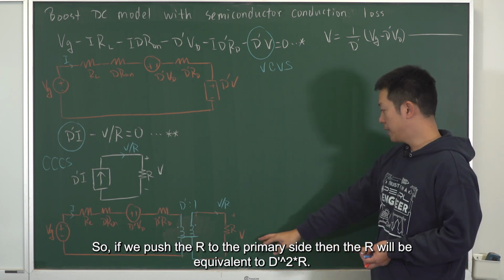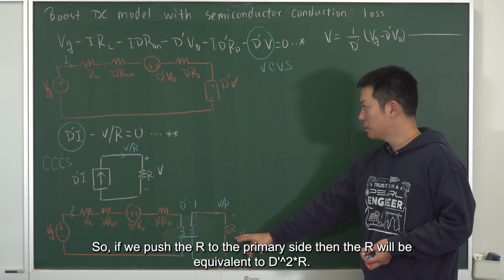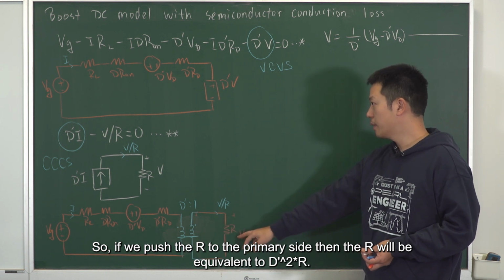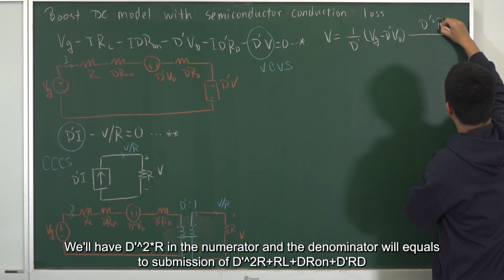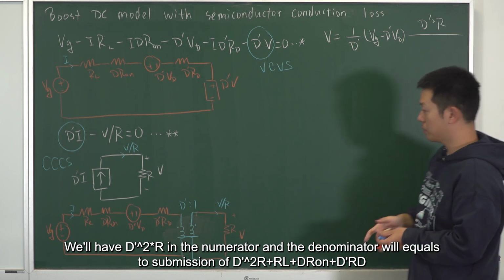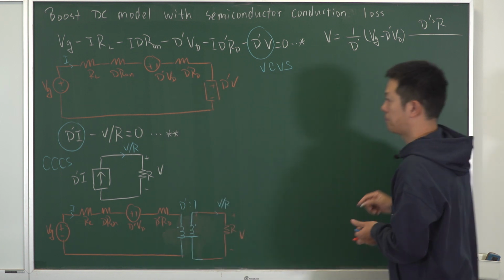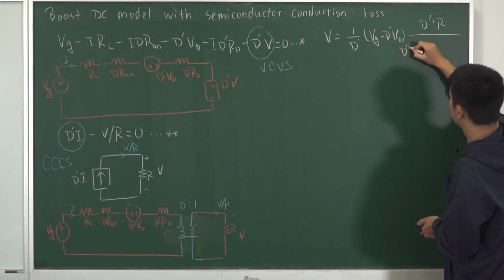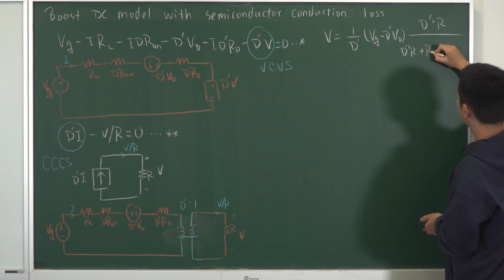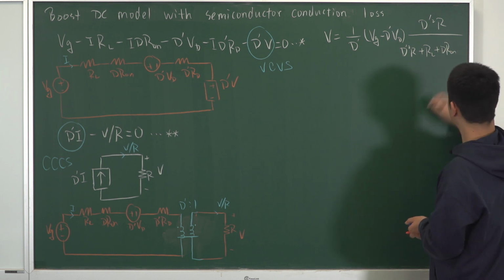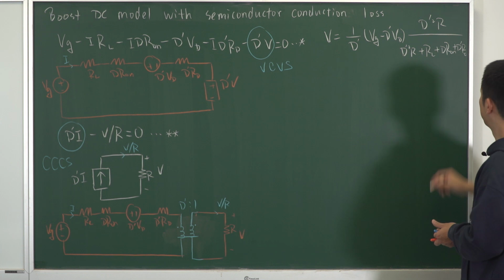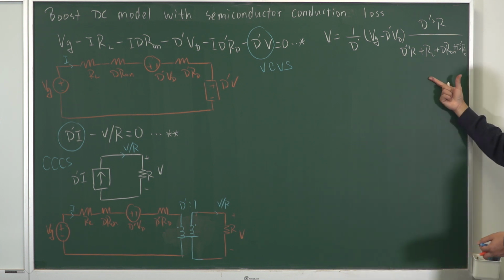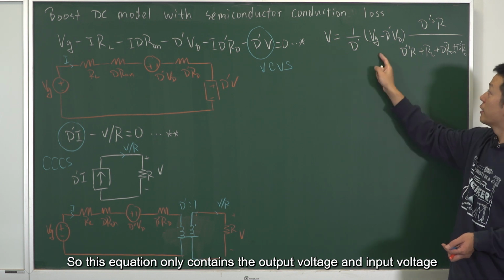If we push the R to the primary side, then R will be equivalent to D prime square R. So we'll have D prime square R in the numerator, and the denominator will equal the summation of this, and this: R_L plus D R_on plus D prime R_D.